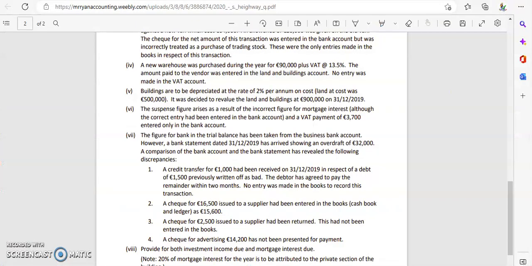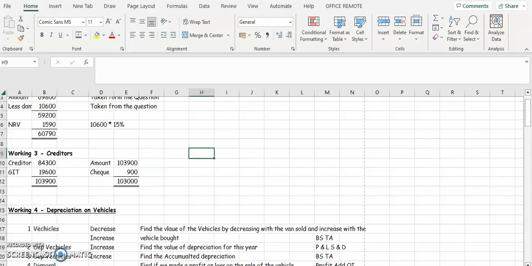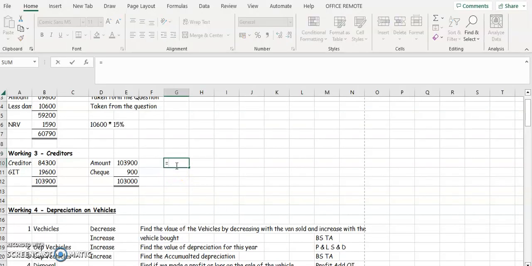And the next adjustment then, a check for 2,500 issued to a supplier has been returned. So that means we need to increase our creditors by 2,500 and we're going to decrease our bank overdraft by 2,500 as well. So we already have an adjustment for our creditors.